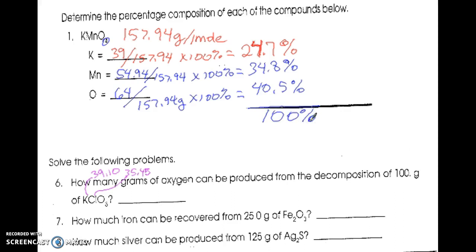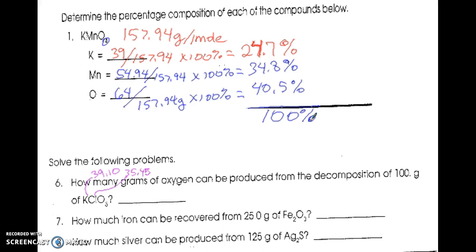Now, what would be the range of an acceptable answer? I'll give you a minute to answer that. Good job. The range of an acceptable answer would be between 105% and 95%. So an acceptable range would be the 5% rule.